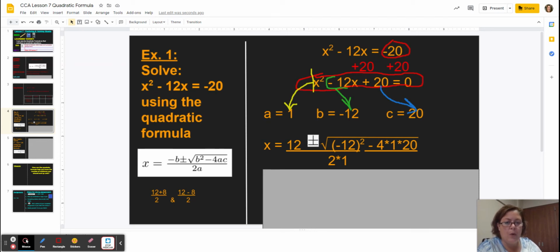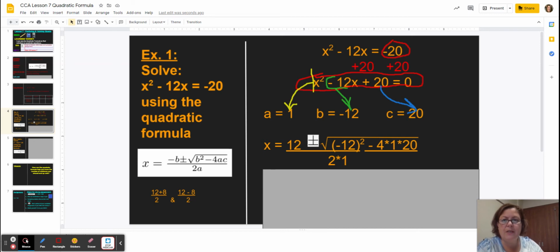And then I've got the square root of b squared, where b is negative 12. Notice I've got that negative 12 inside parentheses. Folks, if you don't use those parentheses when you're solving the problem, this first part is always going to be negative, but it should always be positive because you are squaring whatever b is. So b squared minus 4 times a, which is 1, times c, which is 20, all over 2 times 1.